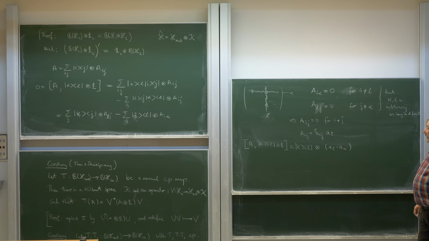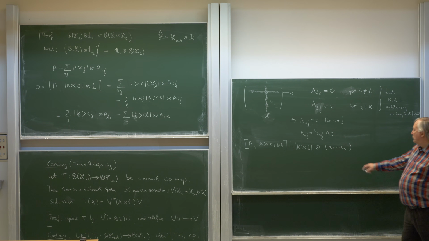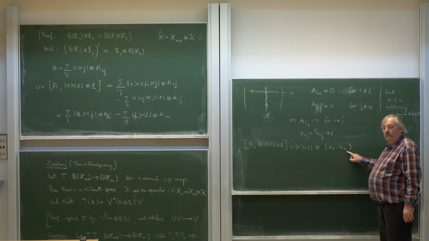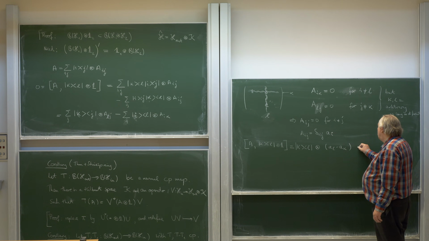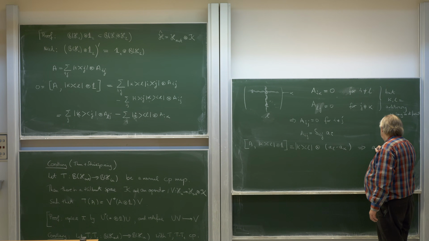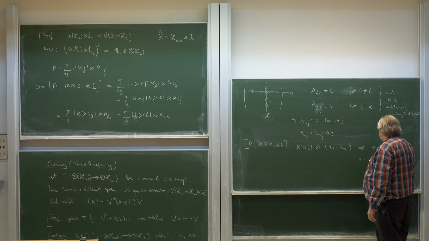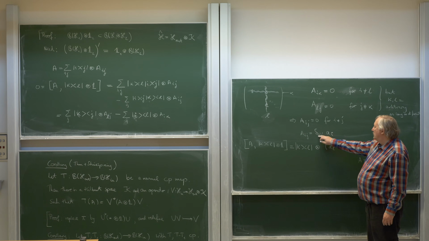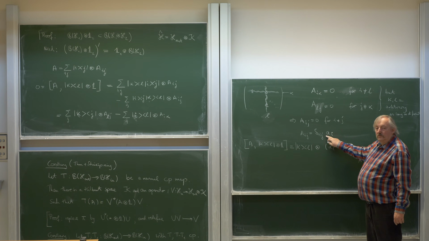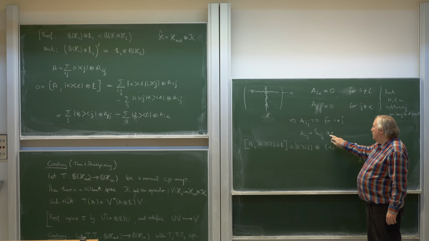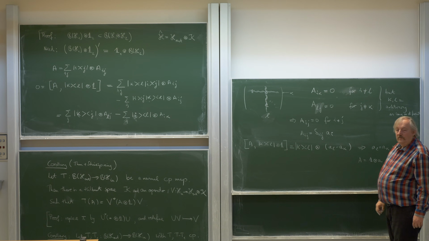And for this to vanish always, we just conclude that the A's have to be the same. And that is just saying that A is one tensor. Right? So then this is delta_ij, probably one tensor, and this element is always the same.